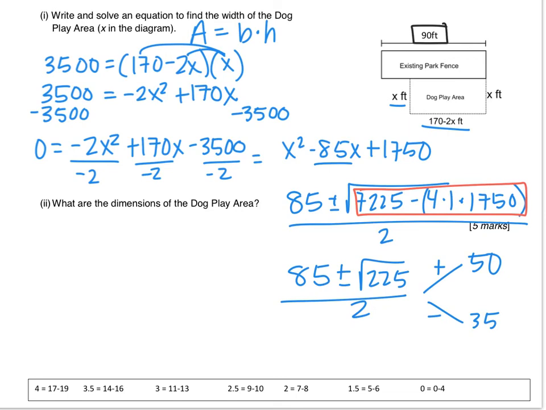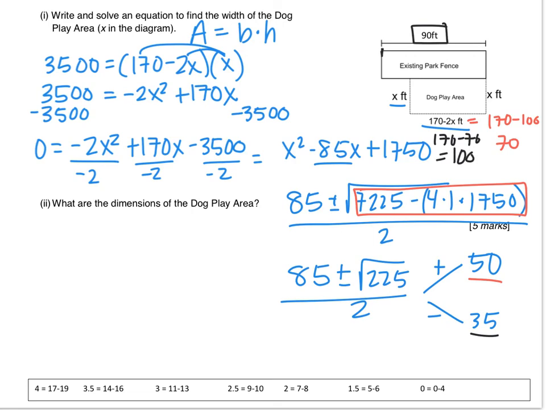So if we think back to the picture, think back to what's going on, say I picked 50 as my answer. Well, that means that this base, 170 minus 2 times x, would be 170 minus 100, which is 70. If I picked 35, this would be 170 minus 70, which is 100.